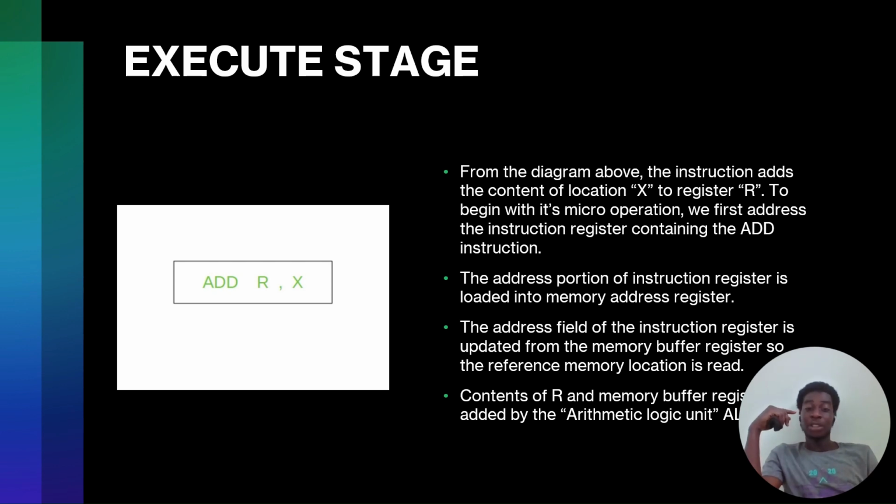The address portion of the instruction register is loaded into the memory address register. The memory location referenced is then loaded into the memory buffer register. The contents of R and the memory buffer register are added by the arithmetic logic unit.